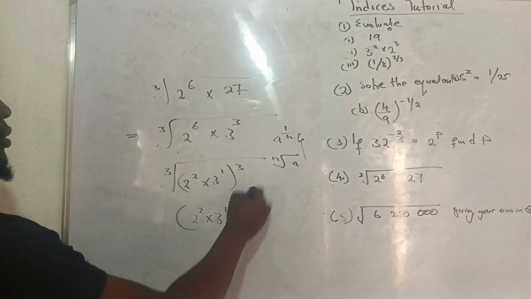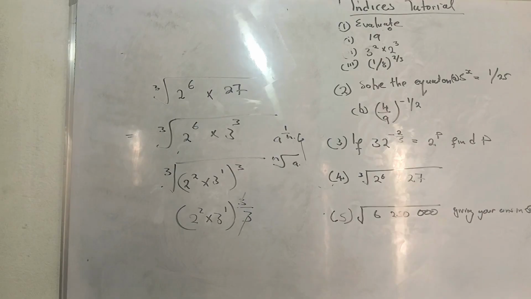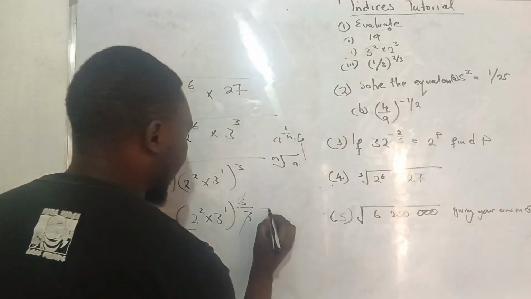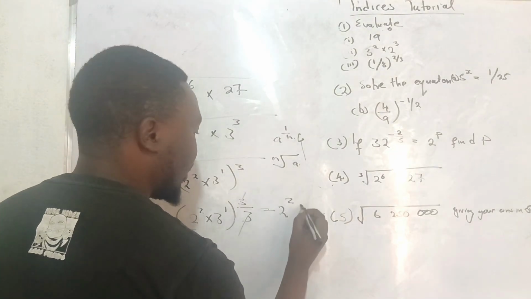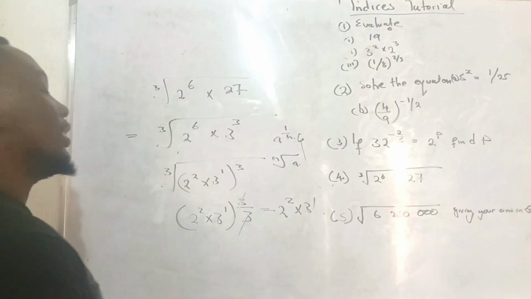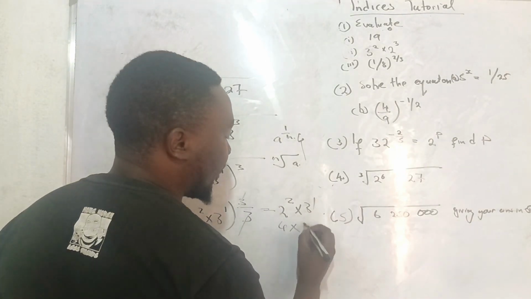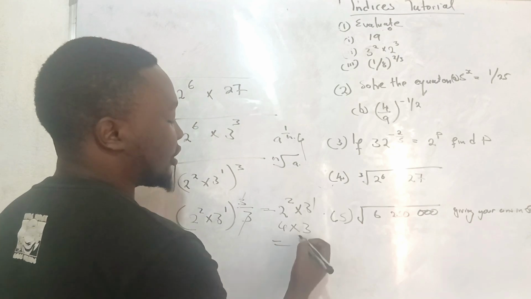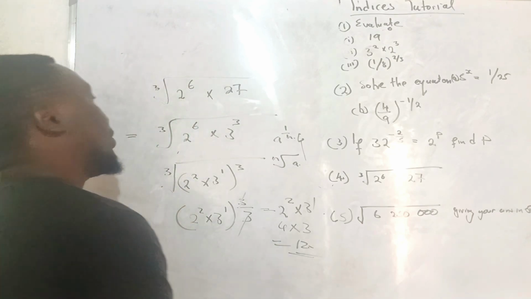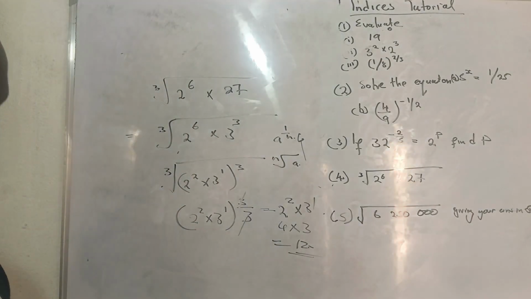So this is going to cancel out. So your answer will be 2 squared multiplied by 3 to the power 1. So 2 squared, that's 4. 4 multiplied by 3 is just 12. So 12 is your answer.